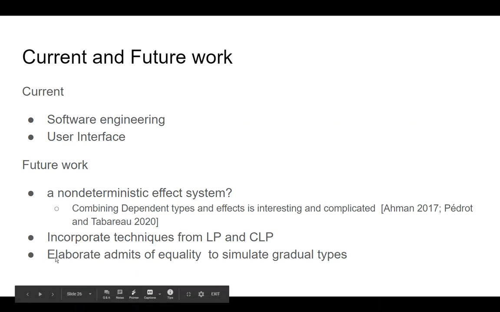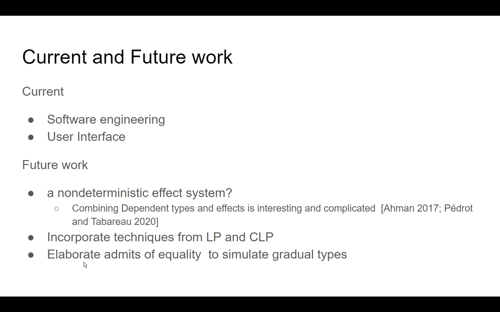Oh yeah, and there's one other really cute thing I think you can do with this, where if you have a reasonable system for doing admits and testing admits, you could inject admits into the programs when type checking fails at values, and simulate a kind of gradual typing behavior.